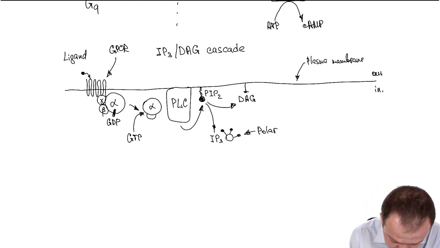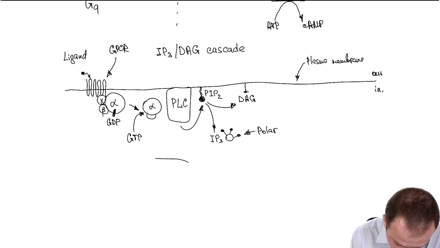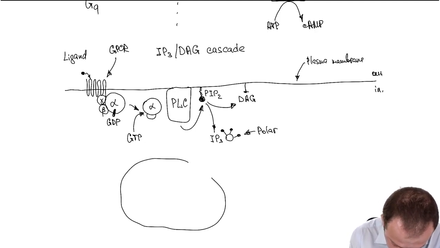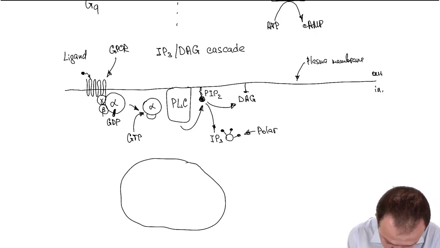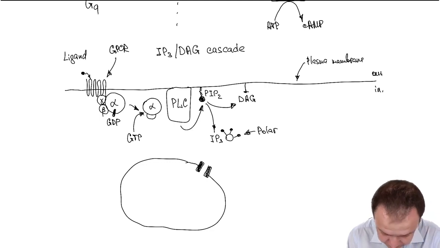So what is next? We have the endoplasmic reticulum, and in this endoplasmic reticulum we have IP3-sensitive calcium channels.